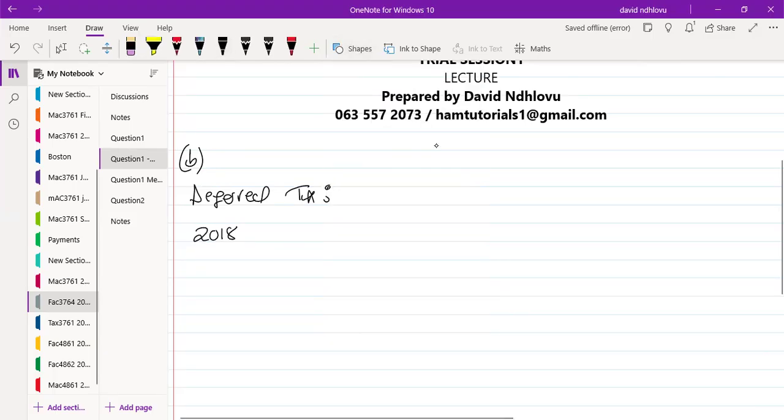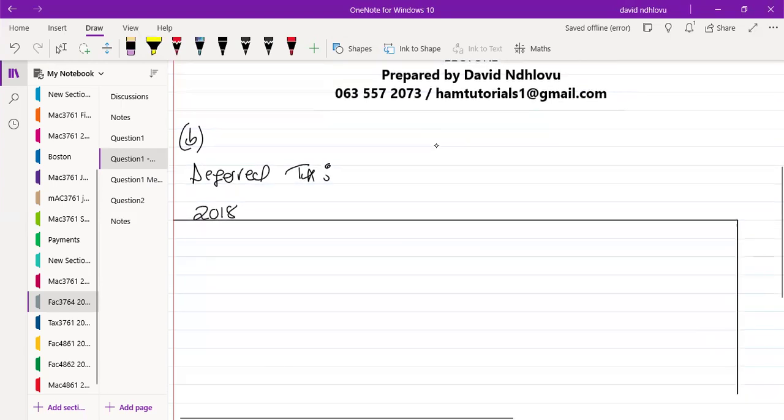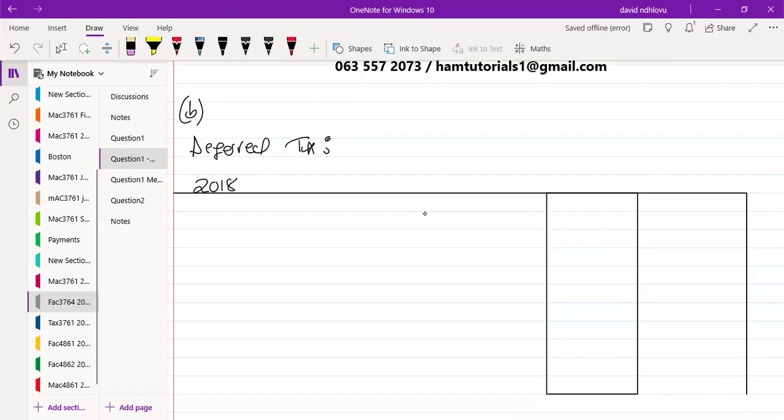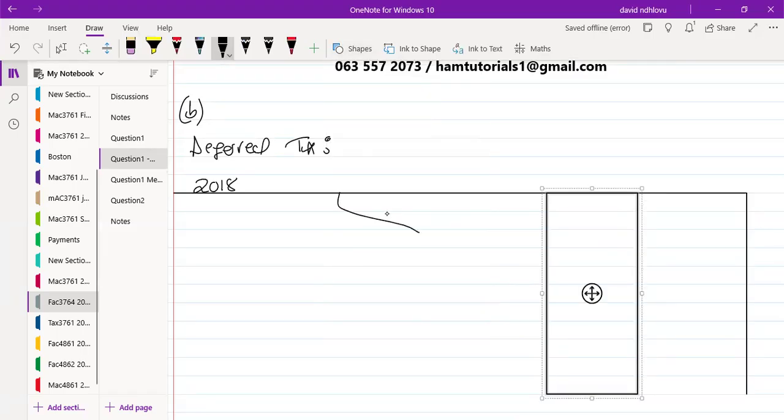So we're going to start with the year 2018. We're going to have our table with 4 columns. So this is how we should present 4 columns.